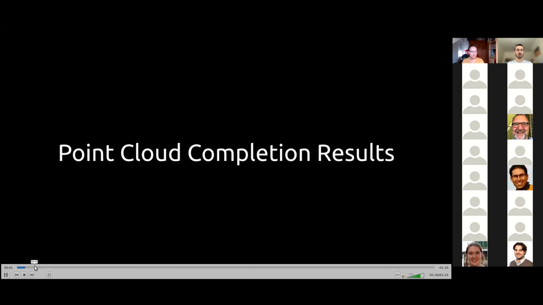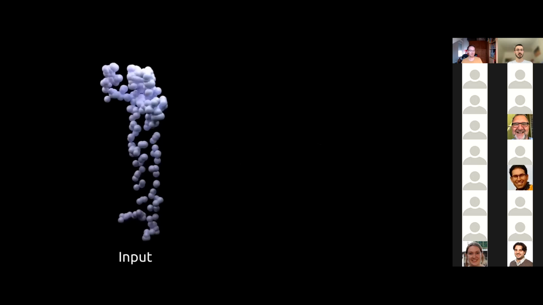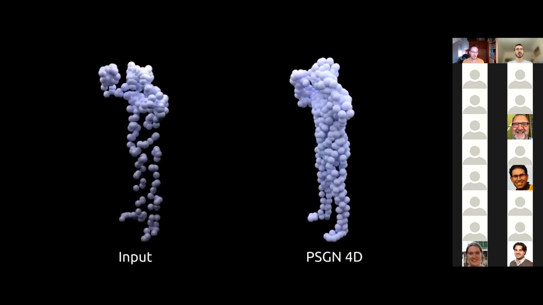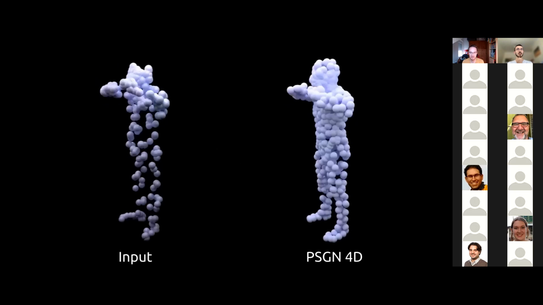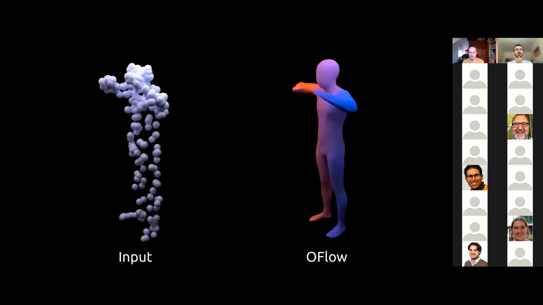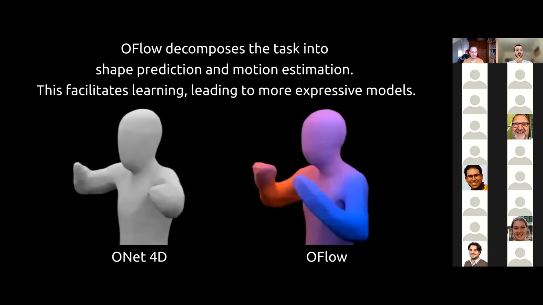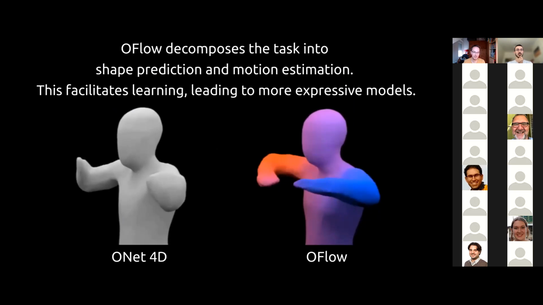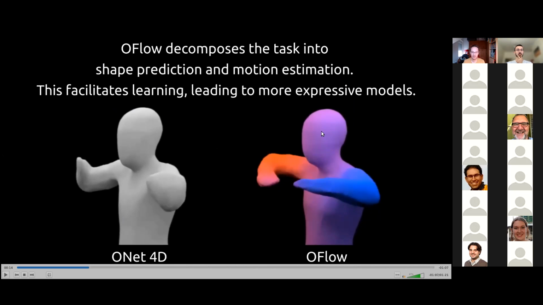So here are some results. Now, this is, of course, a very difficult example where we have very noisy and sparse input points. So here's some baselines. You can see how on the left, the naive extension of the occupancy network to 4D space really suffers in representing detail, while this occupancy flow network can capture the details.